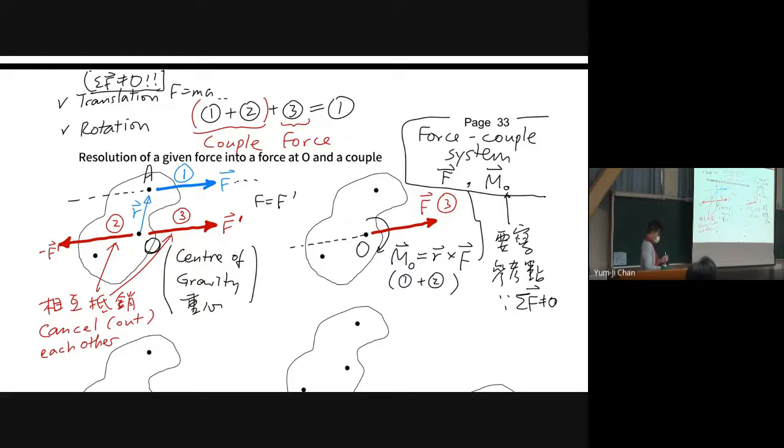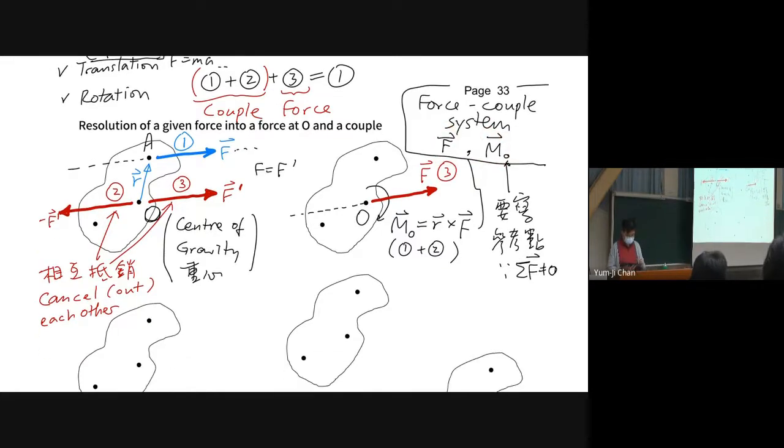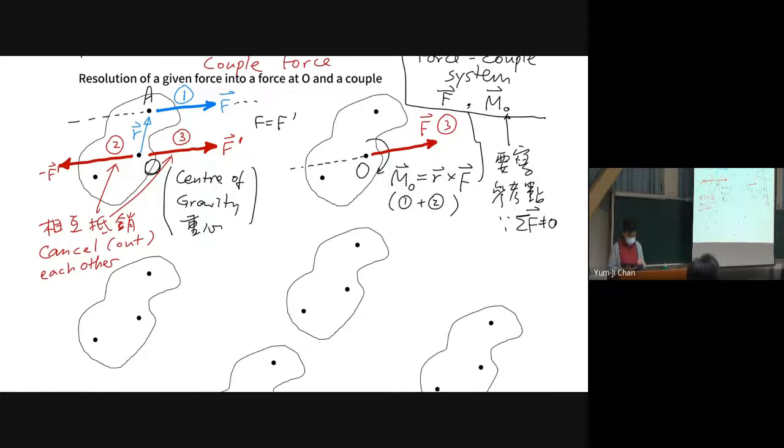For example, later, if I have problems where we are talking about one force and the summation of forces does not equal 0, remember, usually you need to write the force couple system, and you will have to write F and MO here. Now, suppose we begin from here.